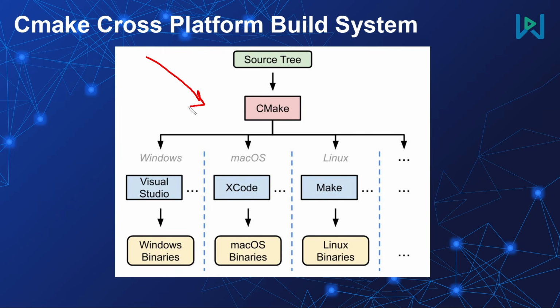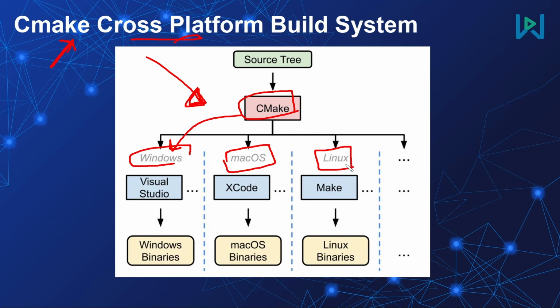This is a block diagram to illustrate and demonstrate the support of what is called cross-platform compilation by our CMake build system. So our CMake-based project can be executed and built on a Windows machine or a macOS machine or a Linux one. So CMake does support all of those operating systems.